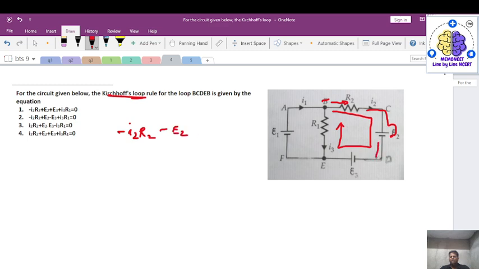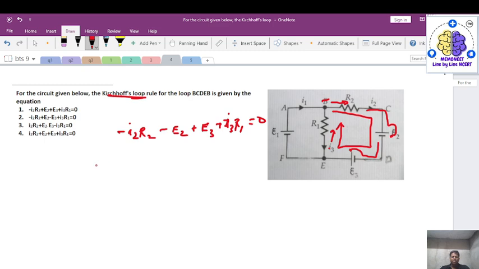Then further moving, we land on the positive plate, so we will write plus E3. Then again moving in the direction like this, we will write plus I3 into R1 is equals to 0.